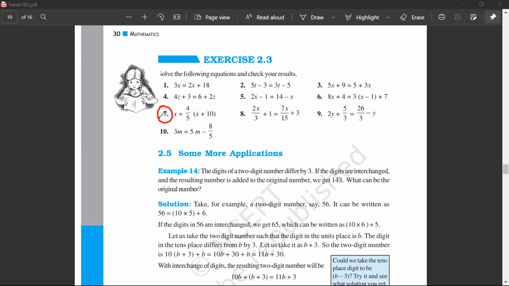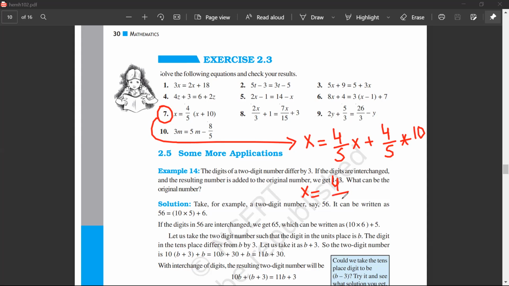Mr. Sarthak, question number 7. So we'll open the bracket first. So x equals 4 upon 5 into x plus, no, into 10.